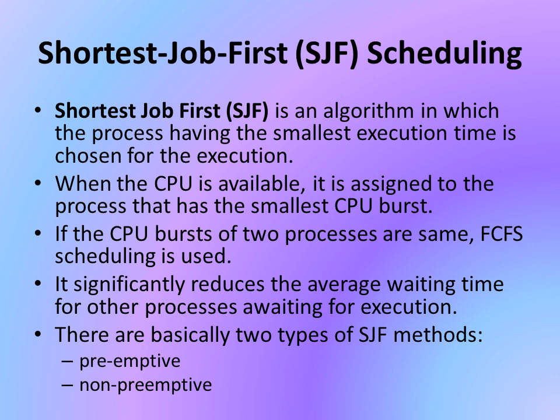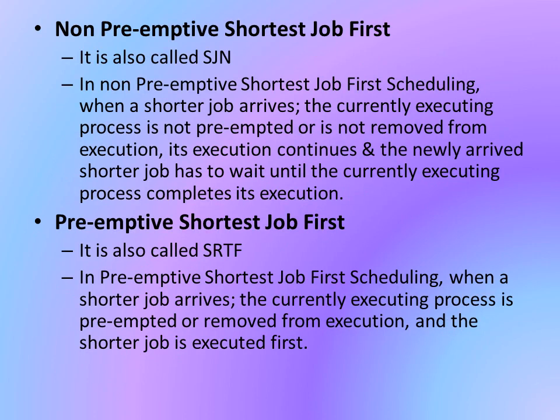Shortest job first can be divided into two types: preemptive scheduling algorithm and non-preemptive scheduling algorithm. Non-preemptive shortest job first is also known as shortest job next, SJN.